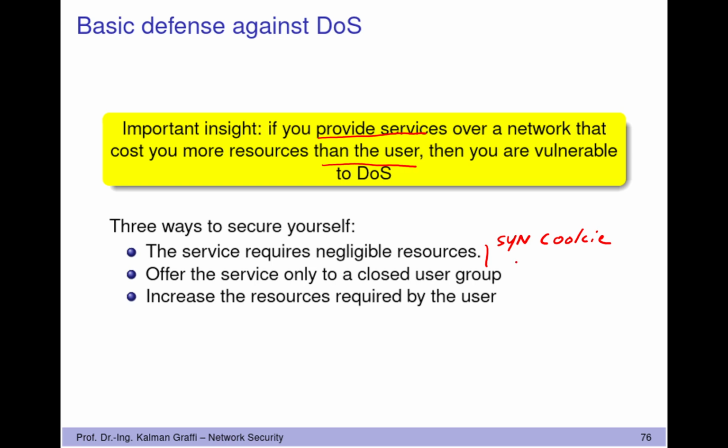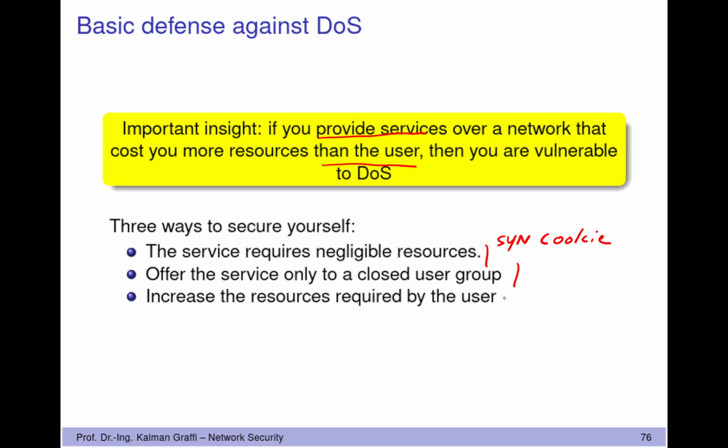Offer the service only to a closed user group, yes. And especially if they are authenticated, you can trace back individual actions. Typically if you're interacting with anonymous users, then everything might happen and they might misuse you. But if you have a closed user group where you in the best case also have them all authenticated, you know who you are dealing with, then you can trace back attacks to those.